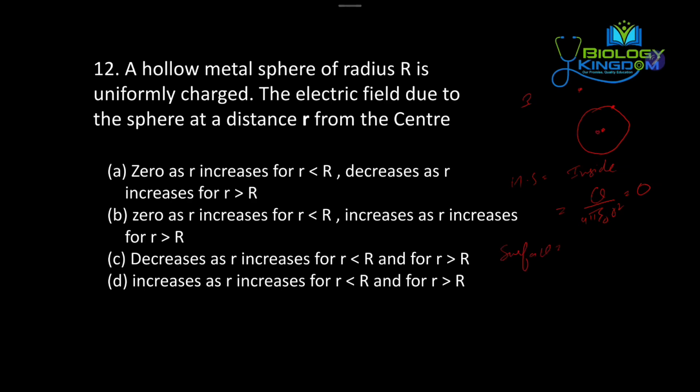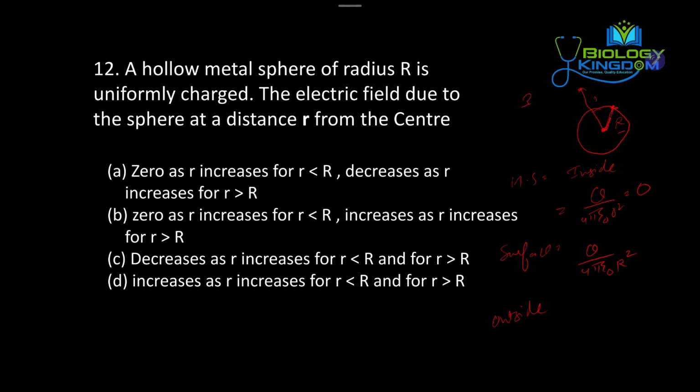On the surface, the distance from the center to the surface is equal to the radius, so we can write the electric field as q by 4 pi epsilon naught, and we replace r with the radius of the sphere.